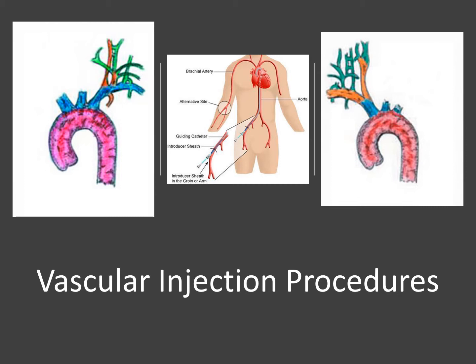What I mean by that is when they put those catheters into those vessels and shoot the dye up in there, which is the vascular injection, they need the imaging to take pictures and tell what they actually see in this particular code family.